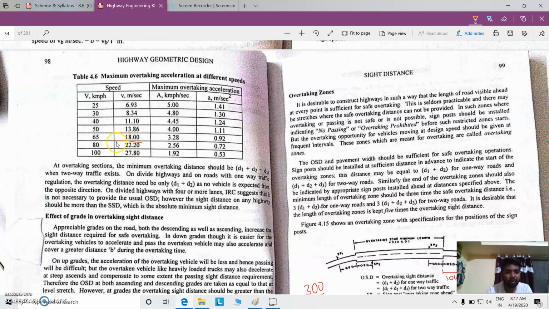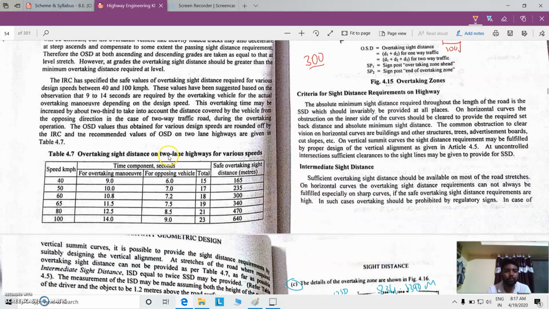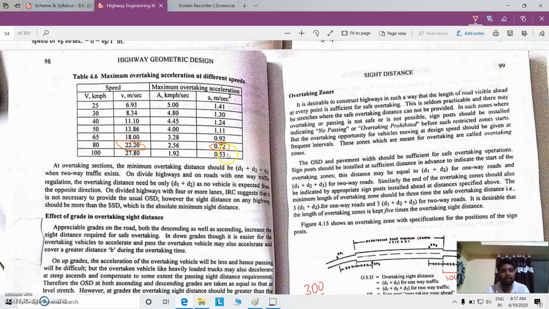For this speed we have an acceleration of 0.72, right? So that acceleration value is considered 0.72 here.